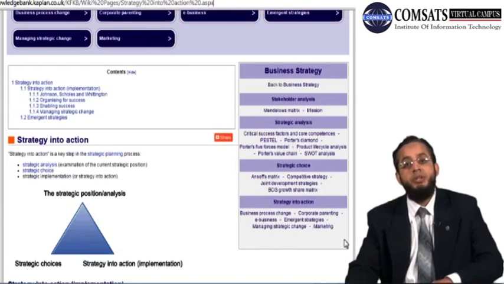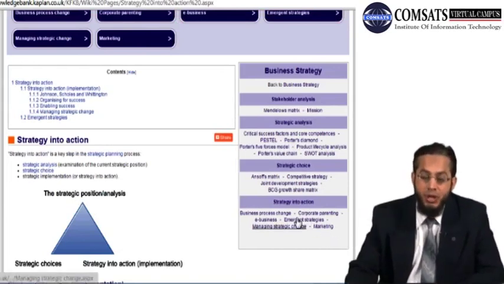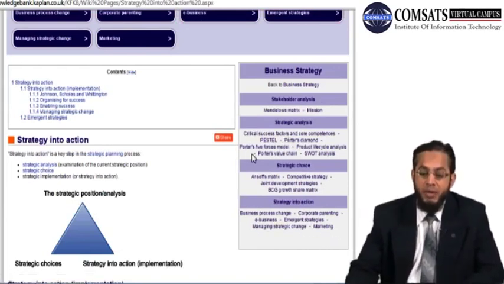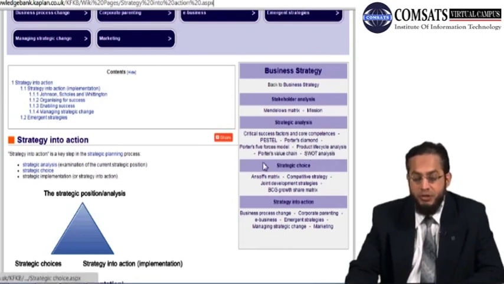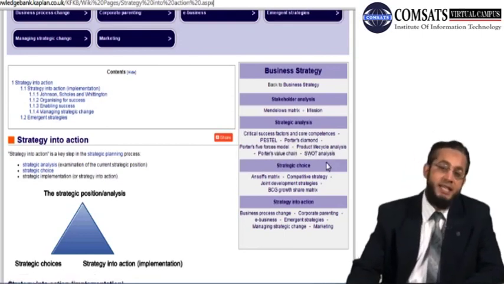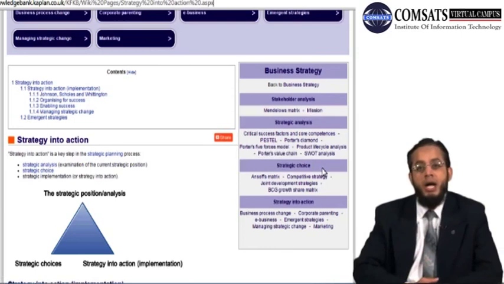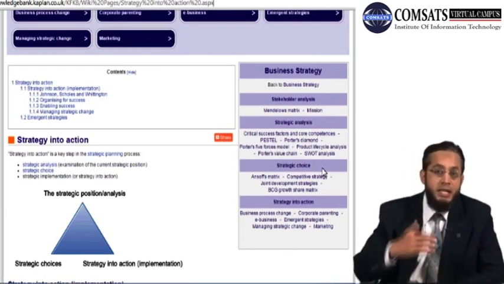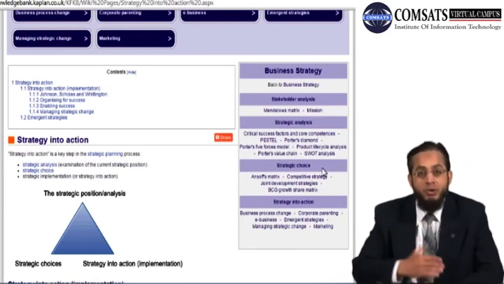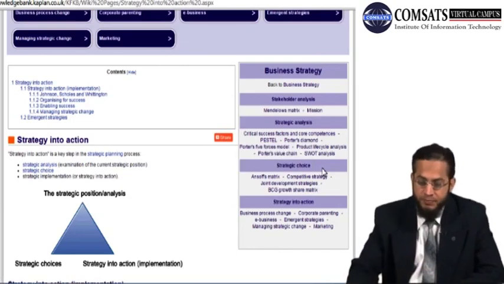So these are some of the tools that we get to use from time to time. And if you look here, most important, under strategic analysis: the critical success factors and core competencies, PESTLE analysis, Porter's diamond model, Porter's 5 forces, product life analysis, Porter's value chain, SWOT analysis. So these are the things that are pretty much applicable in our case. So you can refer to them and see how you can apply those concepts.